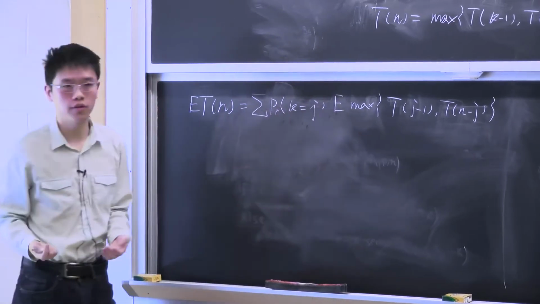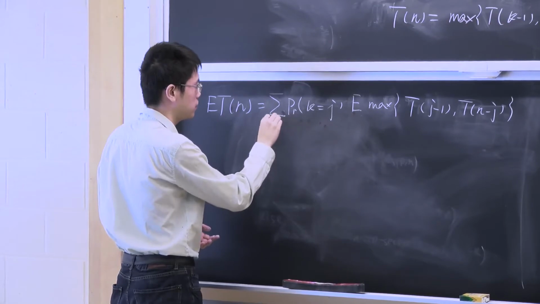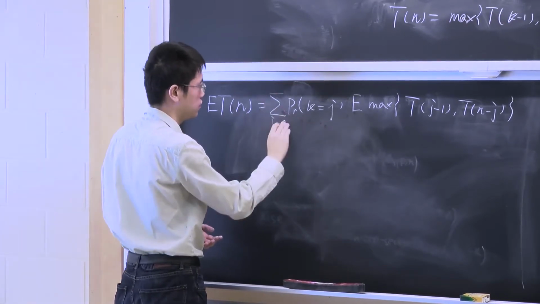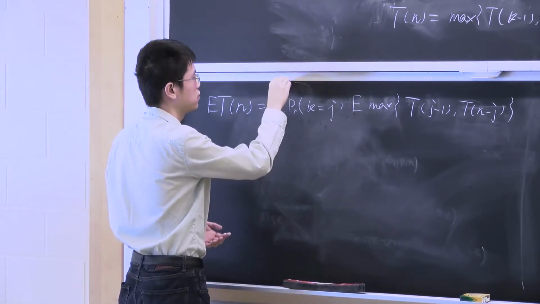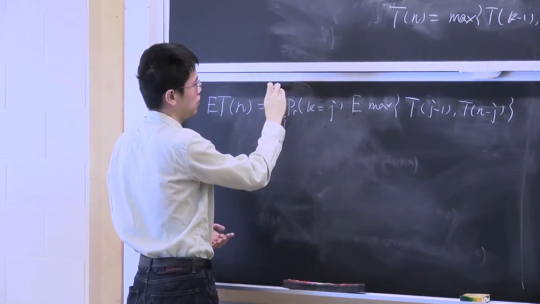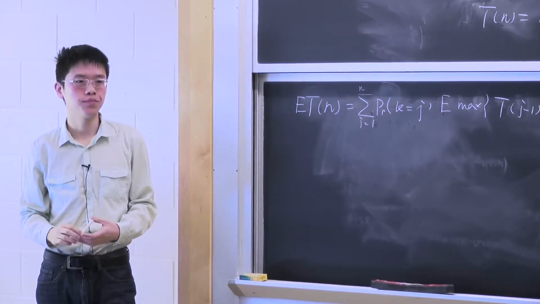And according to the definition of expectation, I should do a sum from j equals 1 all the way to n. Right? Any questions so far?